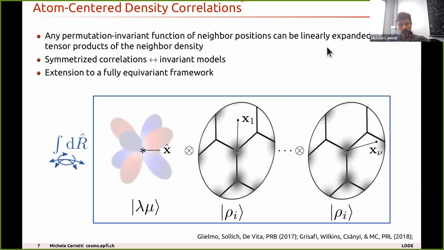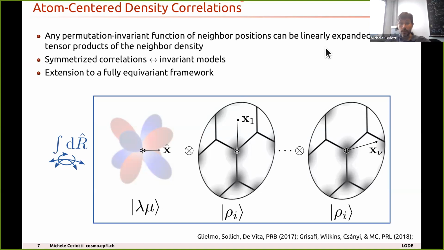So basically, the message that I want to convey here is that you can express pretty much every descriptor for the structure of a molecule or material as a projection of these density correlations in an appropriate basis. And this is basically because these density correlations form a complete basis for the symmetric polynomials.